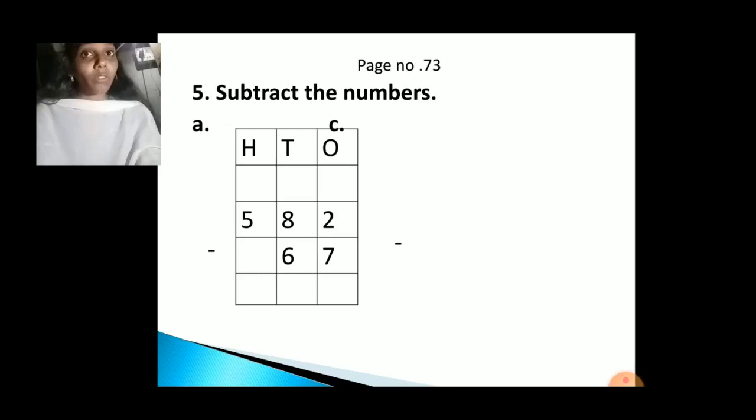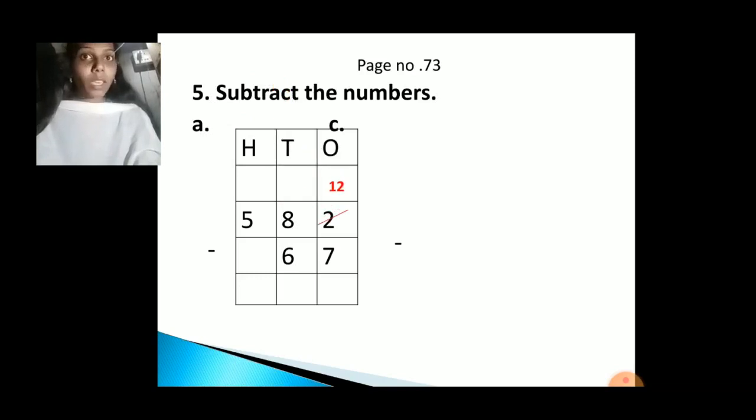So, we will borrow from the tens place. We will take 1 tens from the tens place and add it to the 2 ones. Here 10 plus 2 equals 12. So, we will cut 2 and instead of 2, we will write 12.